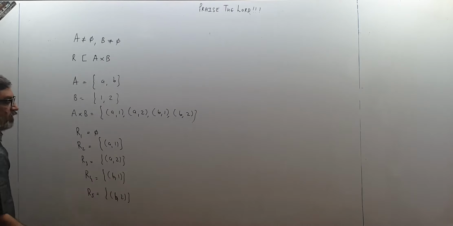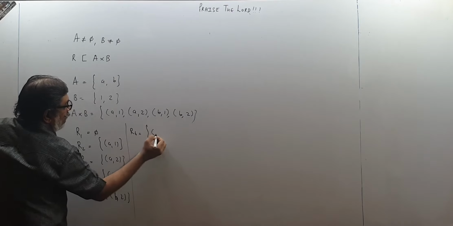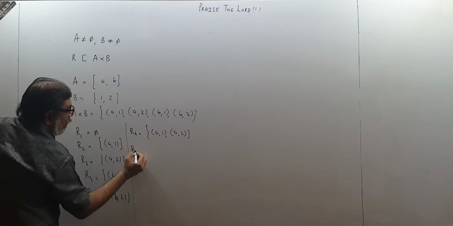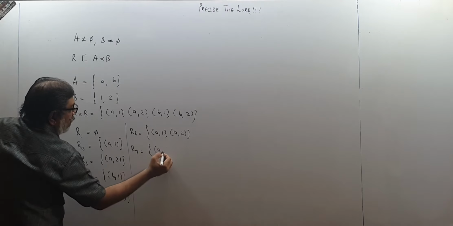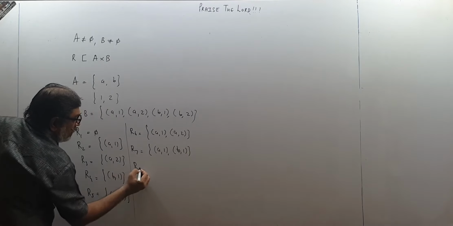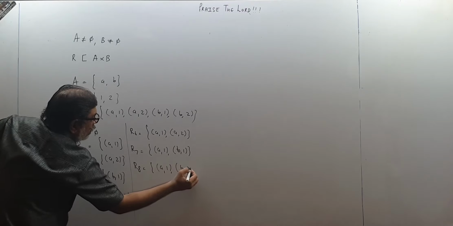So all relations in one element. Then I write R6 is equal to a1, a2. R7 will be a1, b1. Then one more will be a1, b2.